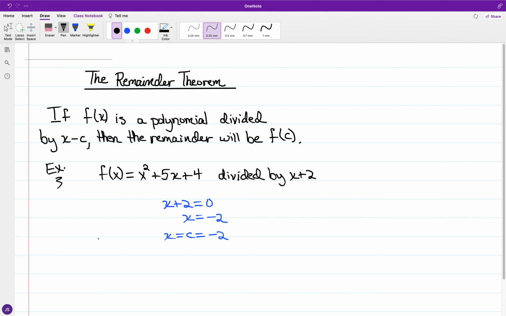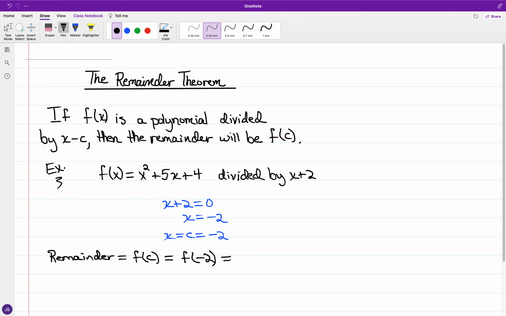For this particular polynomial, whenever it is divided by x plus 2, there's going to be a remainder, and the remainder is going to be f of c. With c at negative 2, the remainder is going to be f of negative 2. Again, we're using this particular quadratic function.